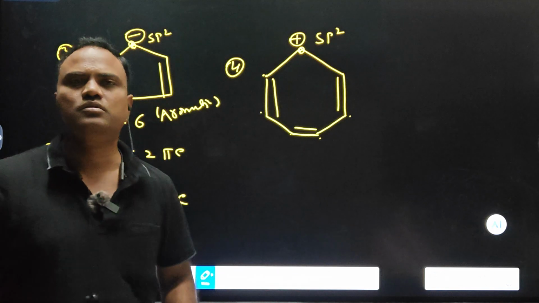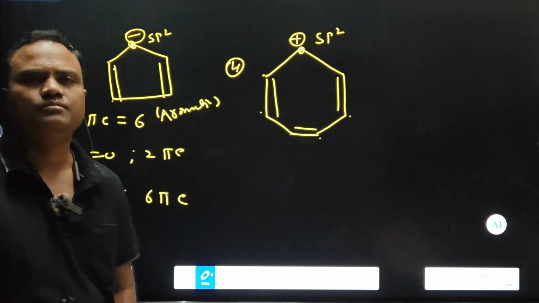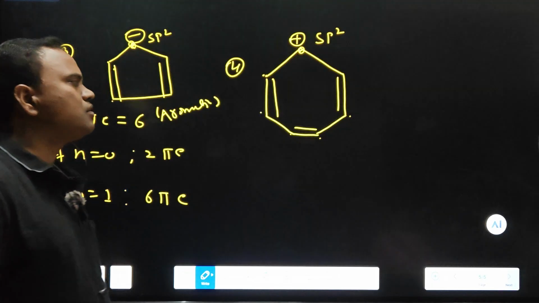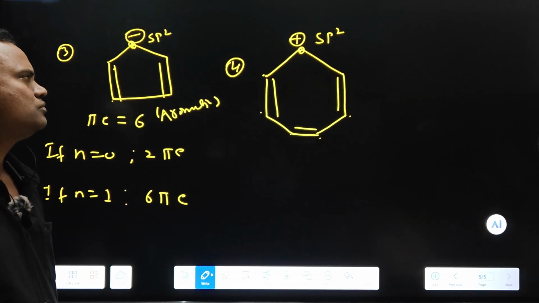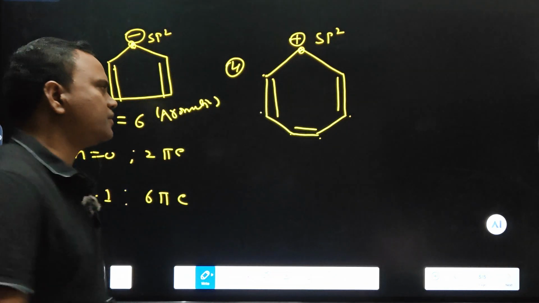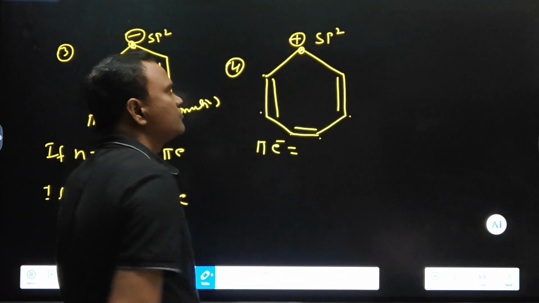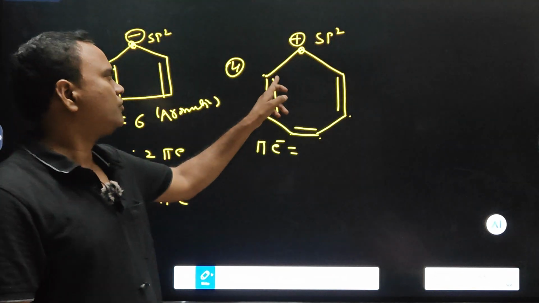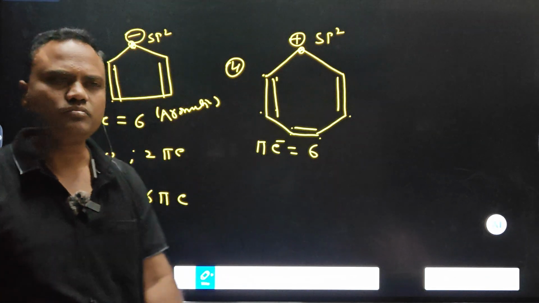What about the second one, the fourth question? Aromatic or not? For the first procedure, how many pi electrons do we have? 1, 2, 3, 4, 5, 6 pi electrons.